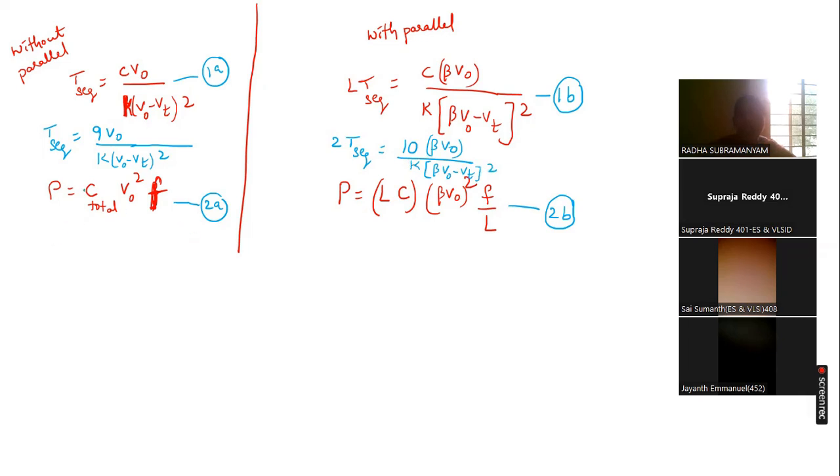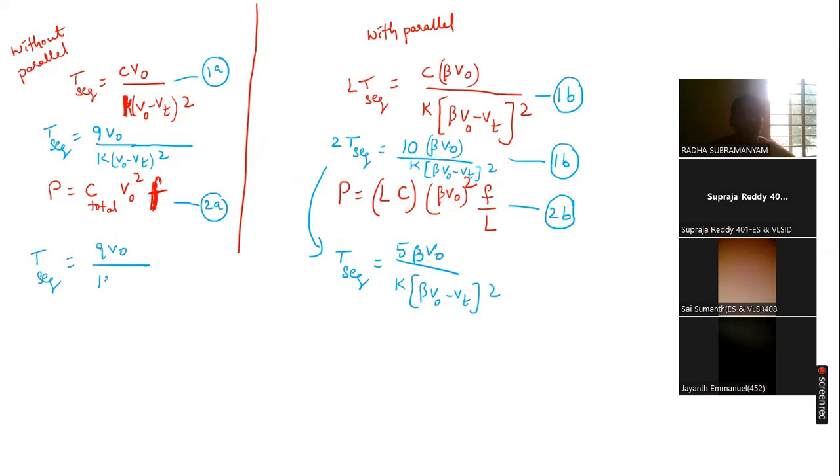Now, further equating the RHS, equation 1b I can write further as T sequence equals, if I take 2 to the RHS, 5 times beta V naught divided by K into (beta V naught minus Vt) whole square. And on the left side, T sequence remains the same: 9 times V naught by K into (V naught minus Vt) whole square.